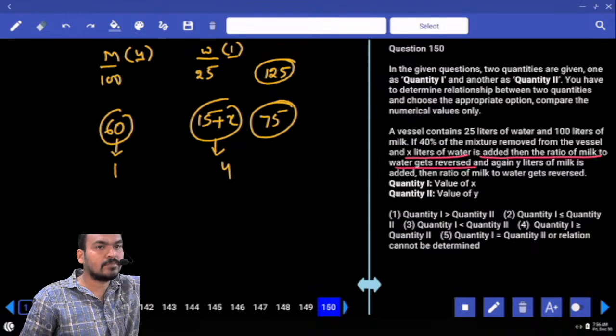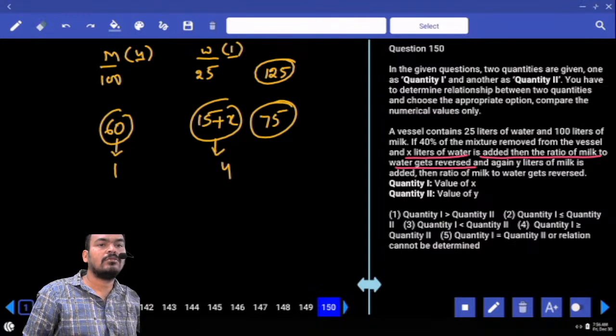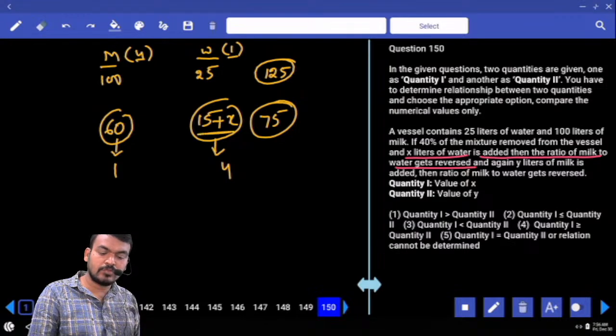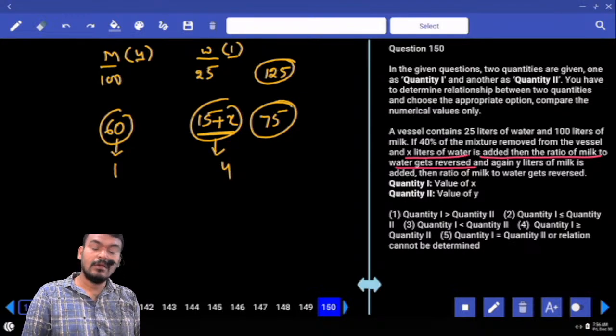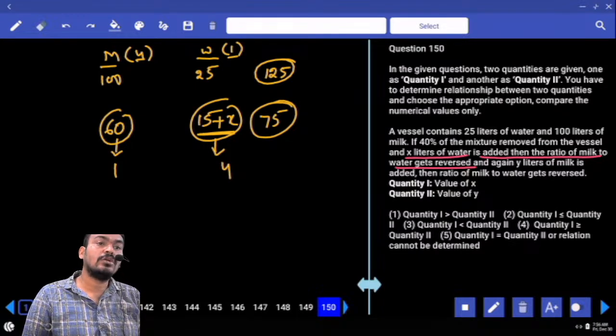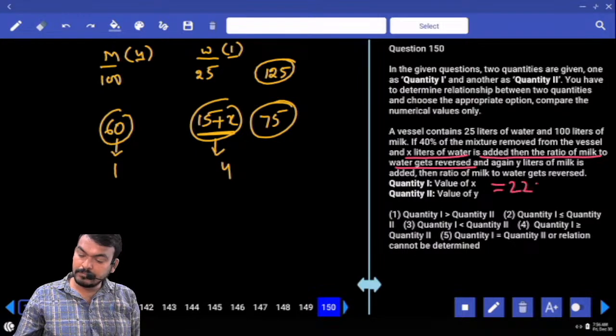The actual ratio is 4:1, reverse means 1:4. 1 part value is 60, 4 parts value is 240. The 240 represents 15 plus x. So 15 plus x equals 240, which means x is 225.